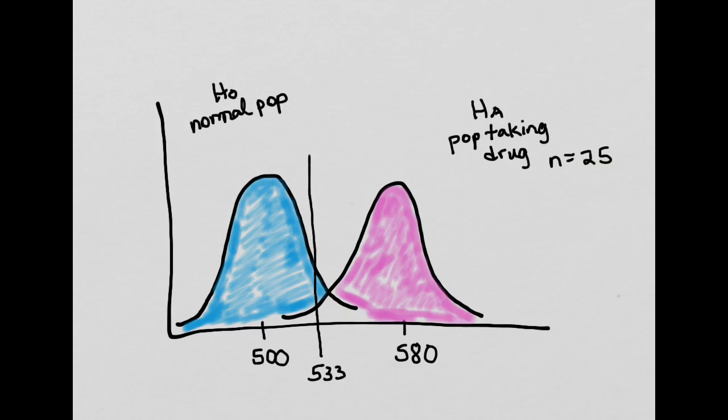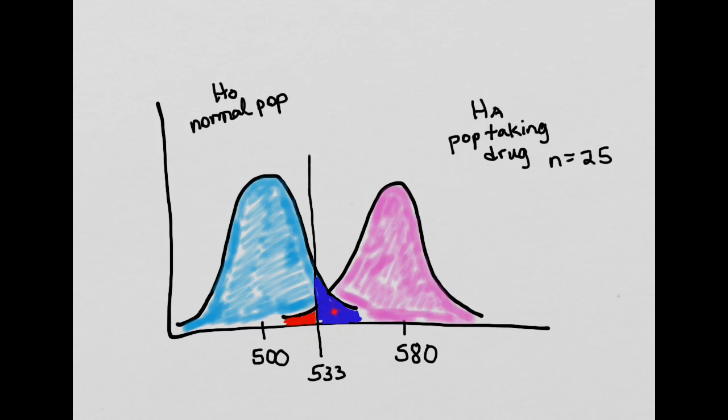And so what we said is that alpha is the part of this null distribution that goes beyond the criterion for rejecting the null. And the region beta is the region over here where the alternate hypothesis distribution is below this critical value of 533. Okay, so we already talked about that.